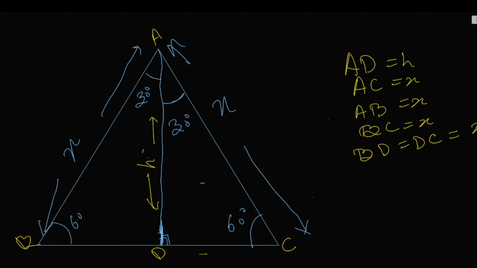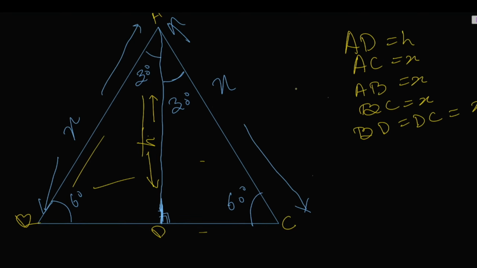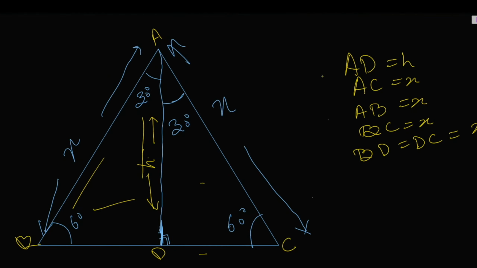Now consider the triangle ABD. Consider this triangle A, B and D. If I take this triangle, this is x, this is x by 2, and this is h.